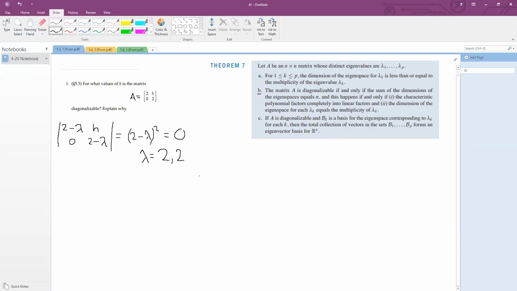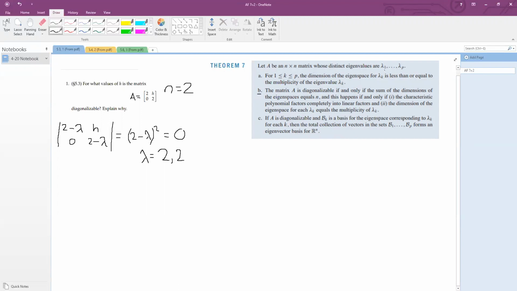So when we have repeated eigenvalues, there's a theorem in the book that helps us understand how that relates to its diagonalizability, and that is theorem 7 here. Specifically, I'm interested in B. It's given that A is an n by n matrix whose distinct eigenvalues are lambda 1 through lambda p. For this one, A is a 2 by 2 matrix, so n equals 2.